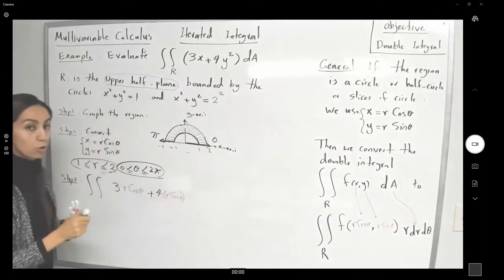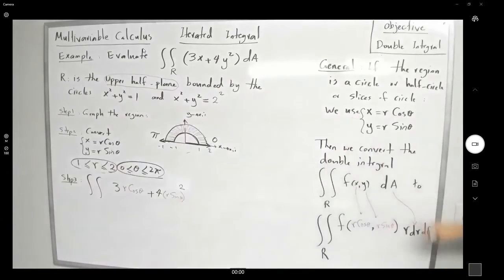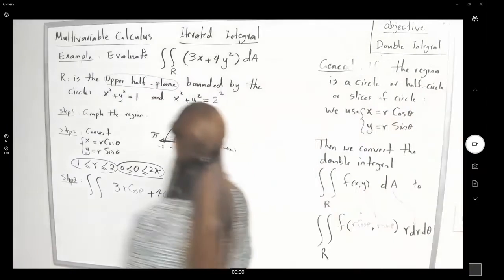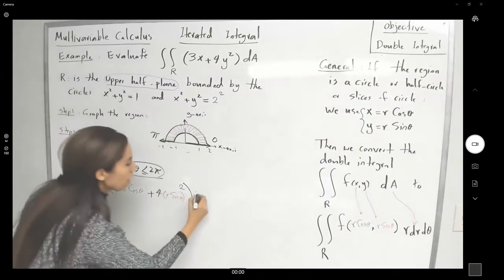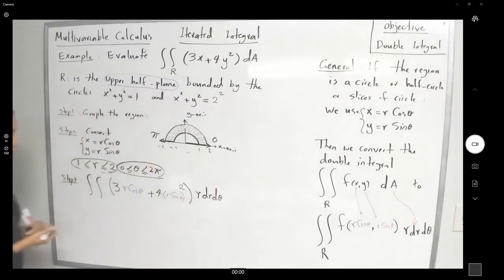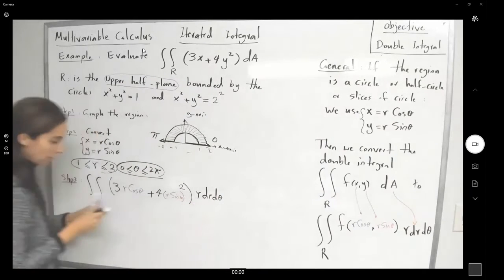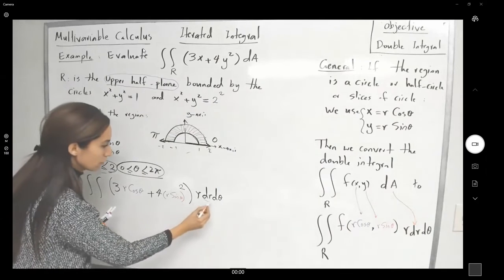Well, don't forget about your dA, which is now r dr d theta. So let's put this guy in parentheses, r dr d theta. Well, r, as we know, is bounded between 1 and 2. So this is my r.